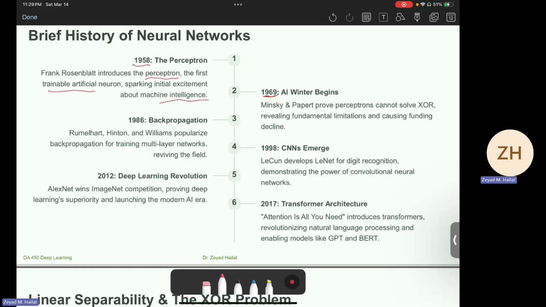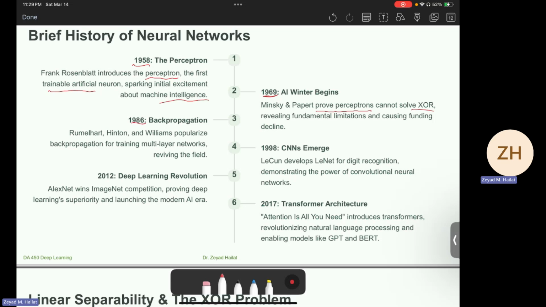So we started seeing some more complicated problems, for example, some scientists used perceptrons to solve problems like XOR, which revealed the fundamental limitations and caused funding decline for neural networks and perceptrons.